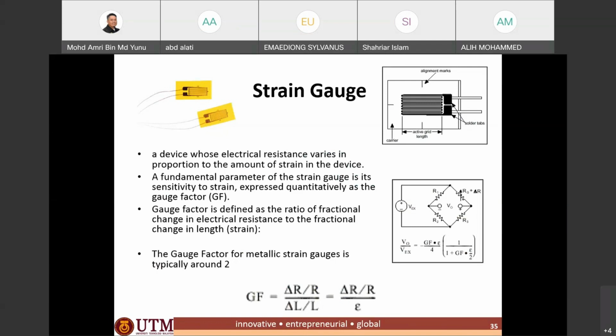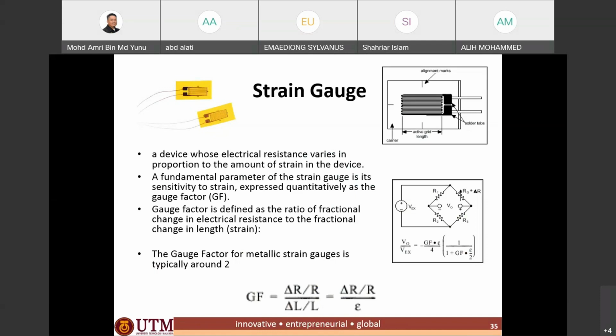This device is sensitive to strain, expressed as the gauge factor.